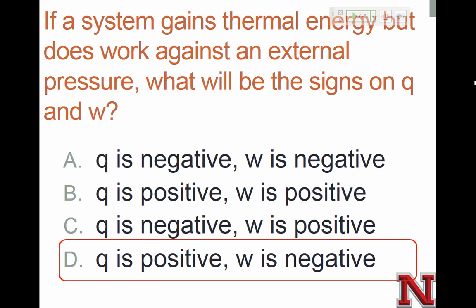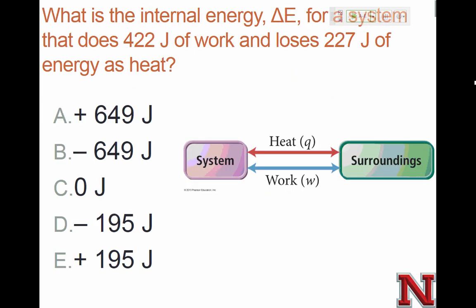Work is going to be negative. This doesn't tell you the magnitude of Q and work. It just tells you the sign. So when you're reading these examples on your own, it's going to be really important that you read what the question is telling you to figure out the sign of Q and W, and think about whether it's giving or losing.